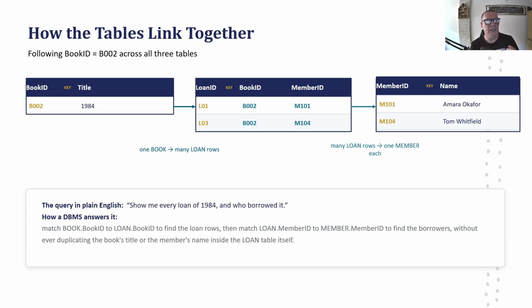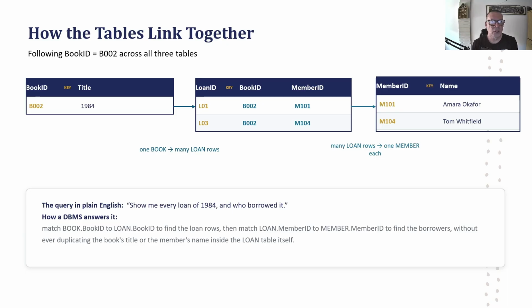If we link these tables together and look at the relationship a little bit more, we can see that the book B002 is on the loan table twice. So two separate loans, loan 1 and loan 3, but the same book, and different members, member 101 and member 104.